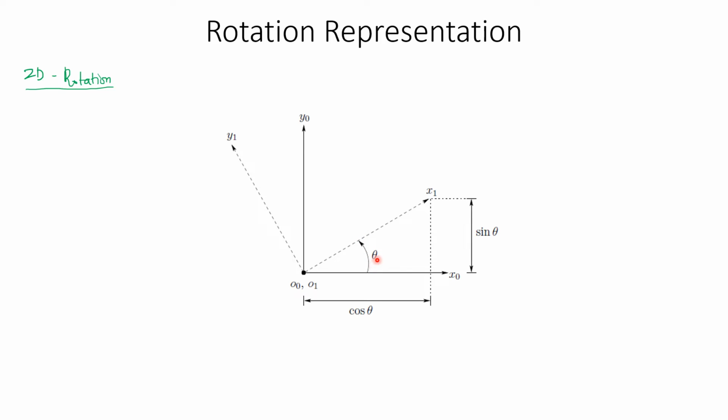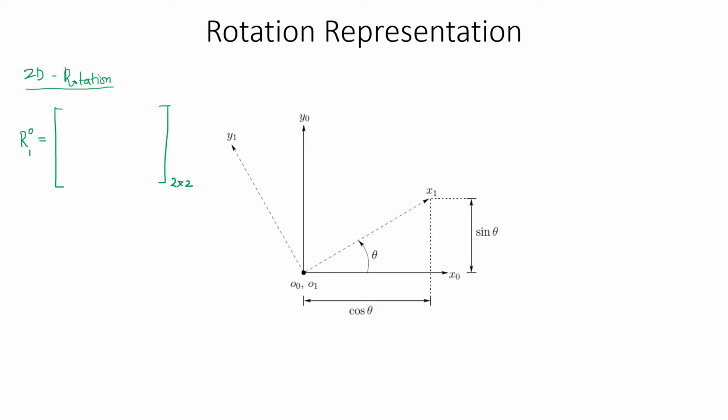Now, to find out how the rotation matrix is structured, I must make you recall that we identified R1 with respect to 0, and because it is a 2D case, it is going to be a 2 by 2 matrix.